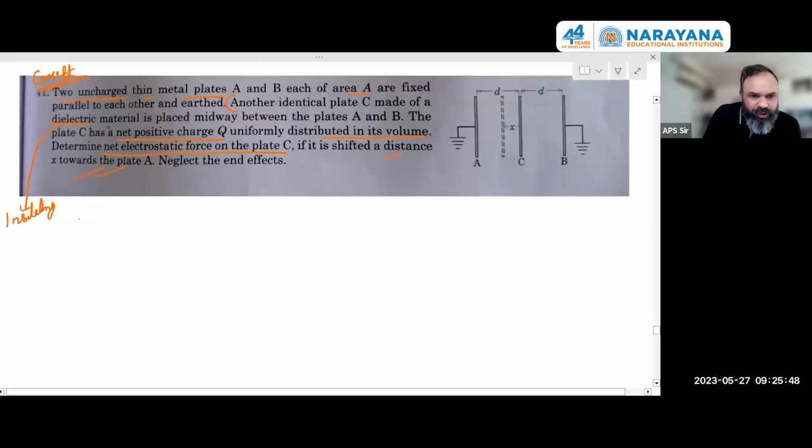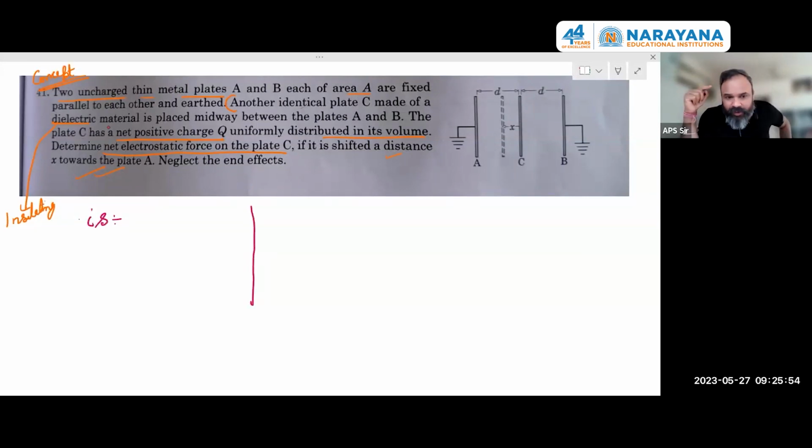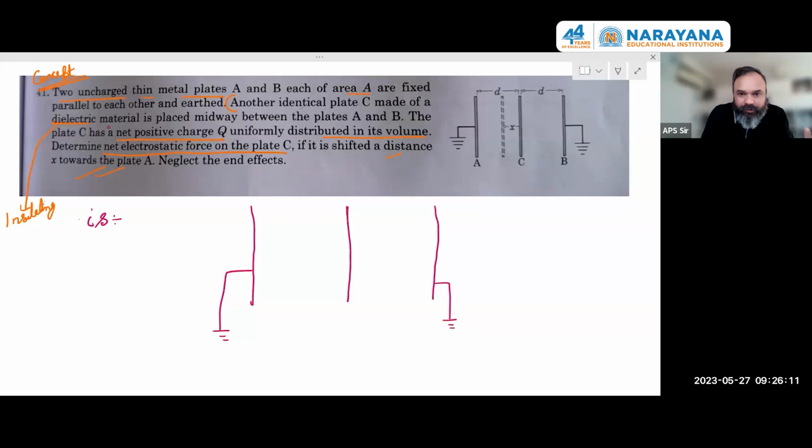So just to analyze the problem, I'll write something in the initial state also and discuss a few things with you. Why I've taken this question is because I need to understand how you think about such problems. Let me tell you what I'm saying. Let's say in the initial state, a student says, fine, this is Earth, this is also Earth, and on the inner side you have kept an insulator, and this insulator has a total charge capital Q distributed over it.